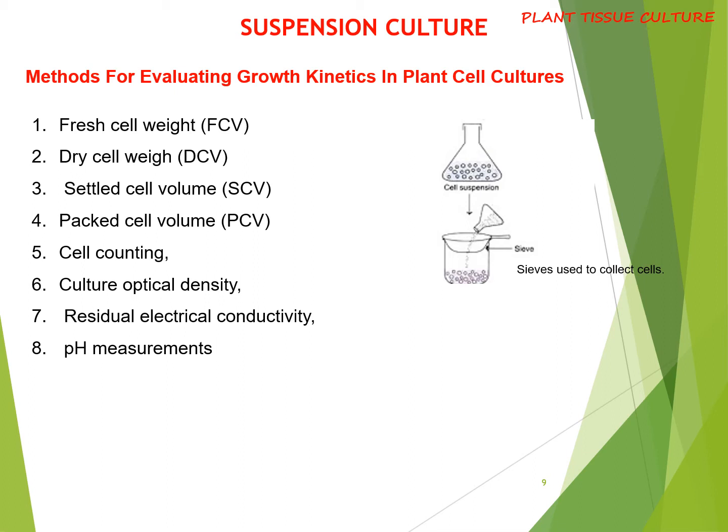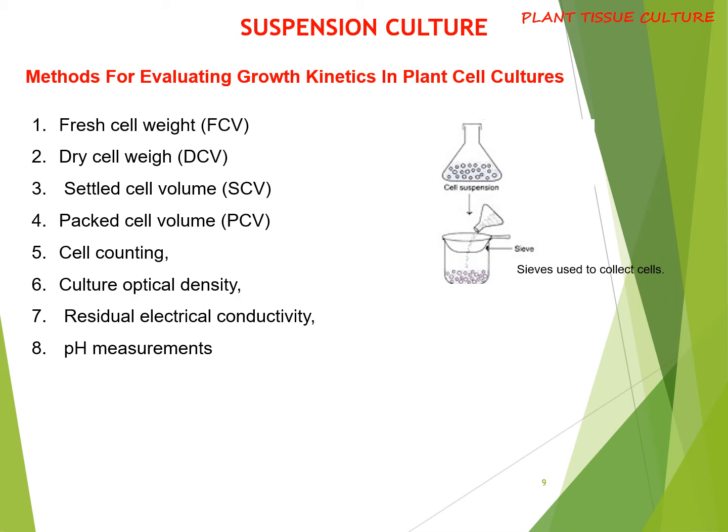For dry weight estimation, a known volume of the filtered suspension cell is pipetted into a pre-weighed Petri plate and incubated at 60 degrees centigrade for 24 to 48 hours in a preheated oven.